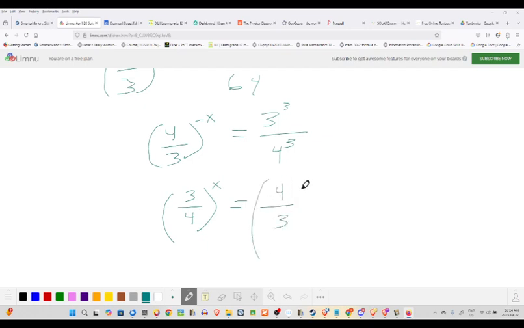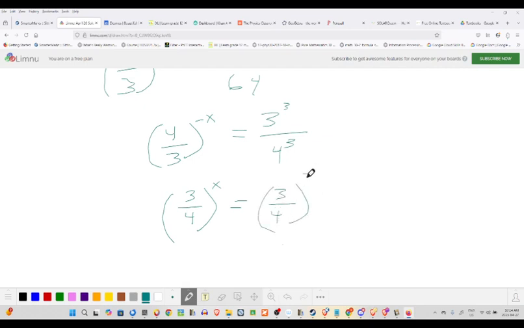So we have 4 over 3. We might also notice these exponents match. So we're going to have to introduce a negative here because we reciprocated. Or, no, sorry, we didn't reciprocate on this side. We reciprocated the other side. Okay. So this is a 3 over 4 here.